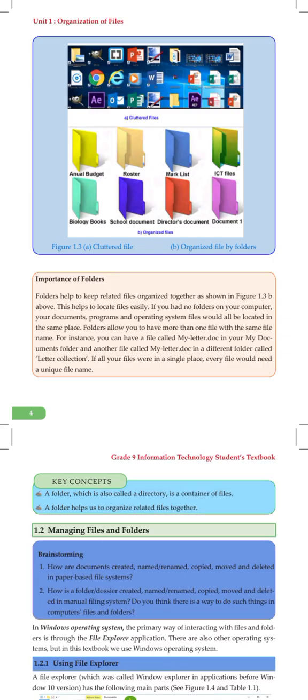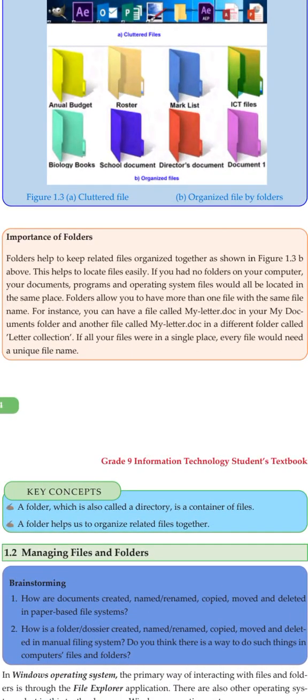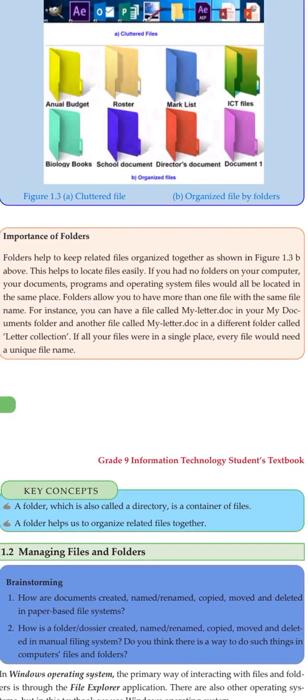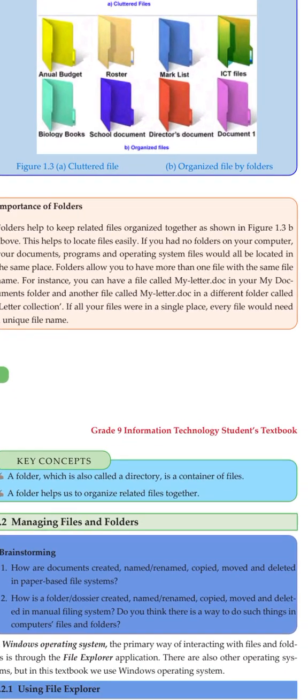It is possible to create the same file in different folders. Folders allow you to have more than one file with the same file name. That's the importance. The same file name, myletter.doc, but it's possible to put it in different folders.